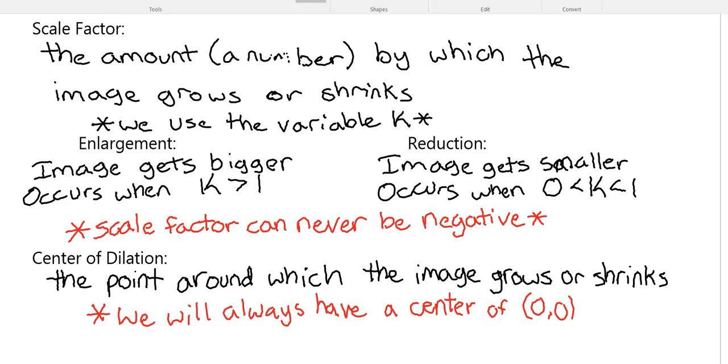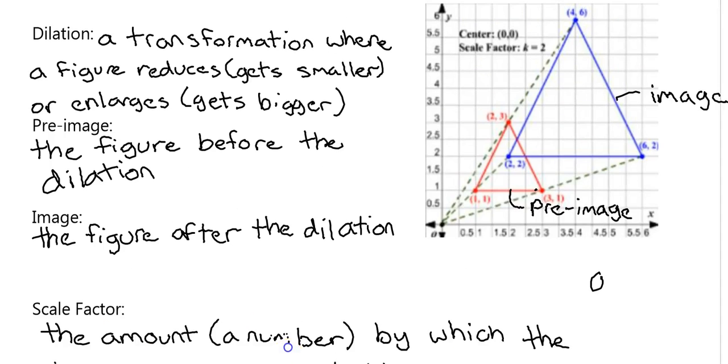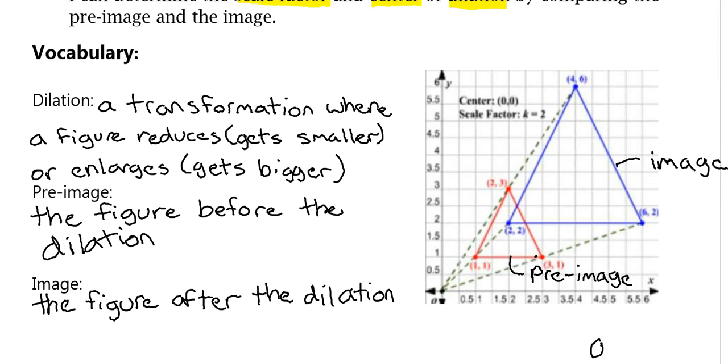Just looking back at our picture, some of the things about scale factor: I know this is an enlargement because this says our scale factor is 2. So it's taking this picture and making it bigger. It is an enlargement. It got bigger. 2 is greater than 1. And then what these lines are showing is how you find the center.